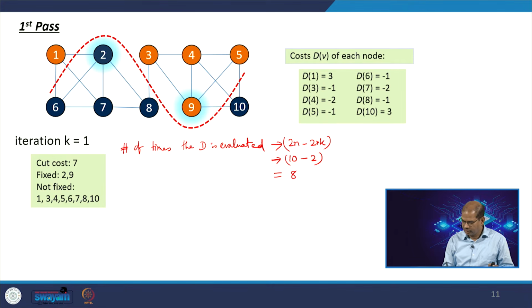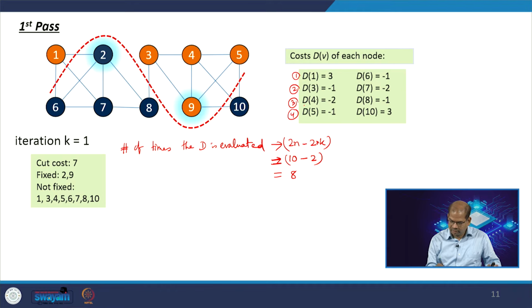So the number of times your D is evaluated is 8: 1, 2, 3, 4, 5, 6, 7, 8.